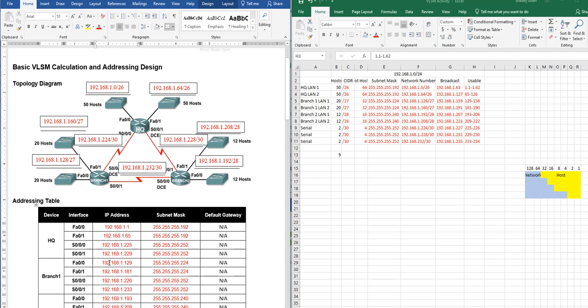And then what you do is put together what you've learned so far with your configuration, and you would go into each device and you would have all of your addresses and configure those for each of your interfaces.